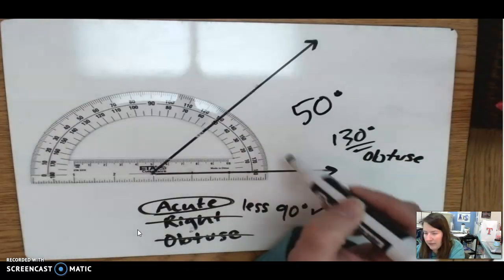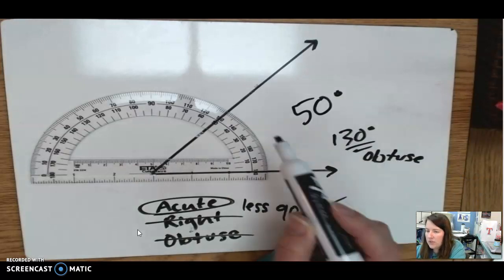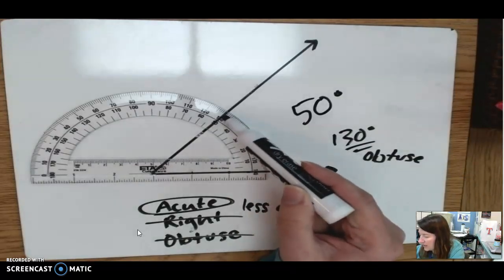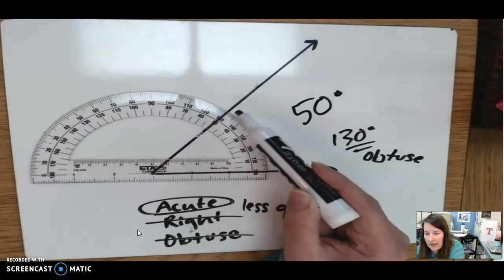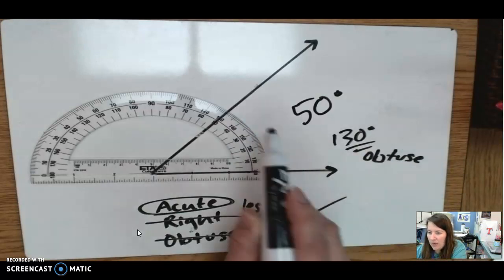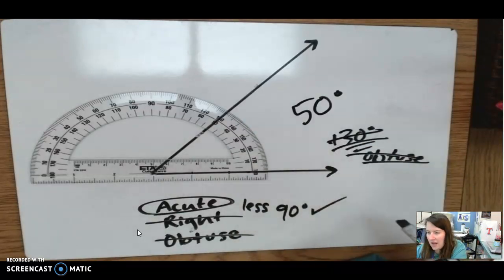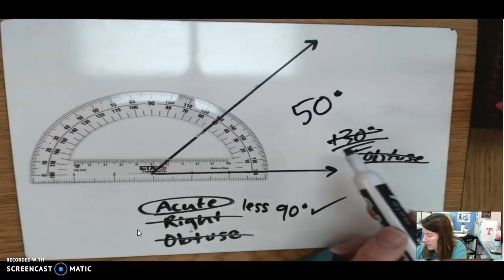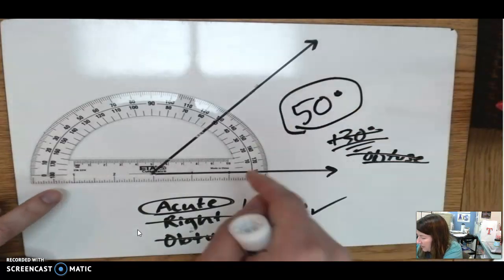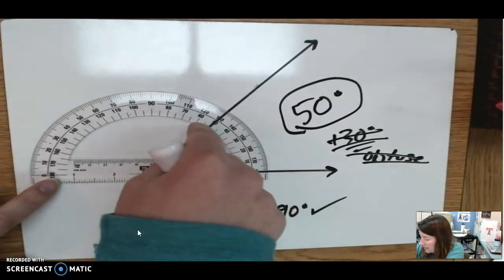And does this look like an obtuse angle to you guys? No, we know it's acute. So if you accidentally put 130 because it lines up with that number, you have to think, hey, is that reasonable to what the angle actually is? No, right? That's not a reasonable answer. It's not going to be 130. It's going to be our 50 degrees because we needed to use that inside edge down here.